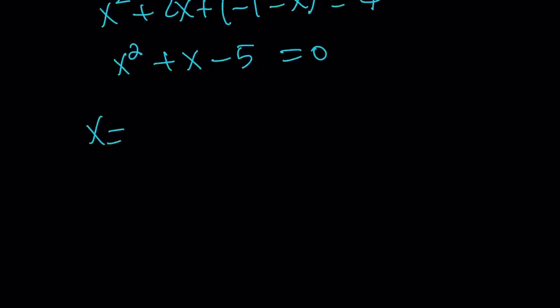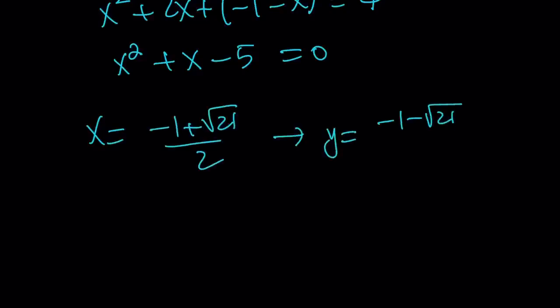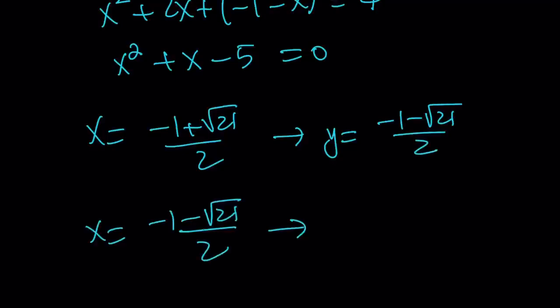So x is either negative 1 plus the square root of 21 over 2. In this case, y is going to be the conjugate. Or they'll switch around. If x is negative 1 minus square root of 21 over 2, then y is going to be negative 1 plus the square root of 21 over 2. Along with 1, 1, and negative 4, this is going to give us all the solutions.